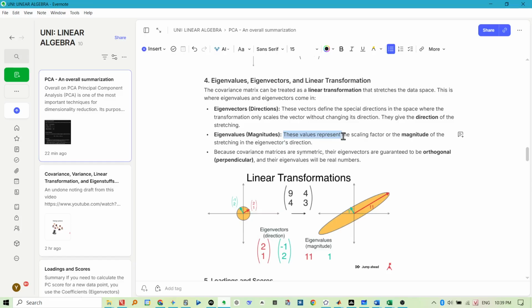These values represent the scaling factor or the magnitude of the stretching. Because covariance matrices are symmetric, their eigenvectors are always perpendicular to each other, and the eigenvalues will be real numbers.